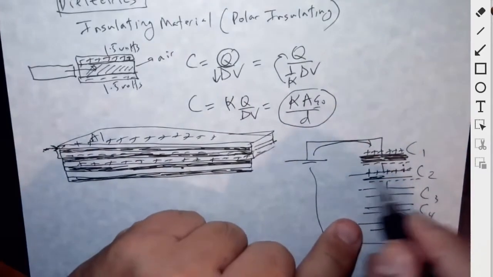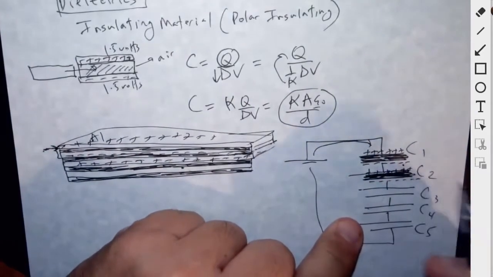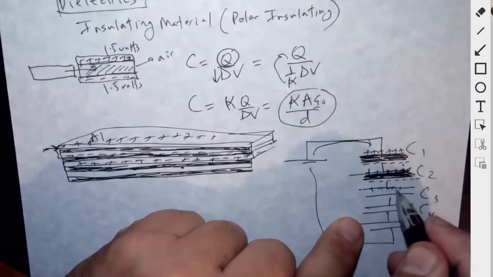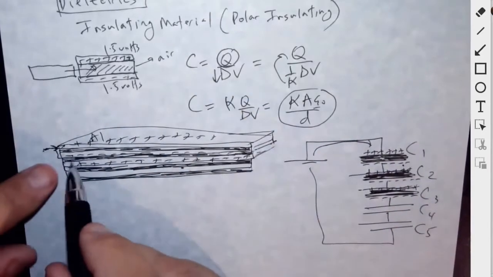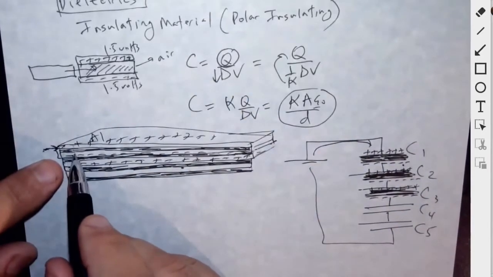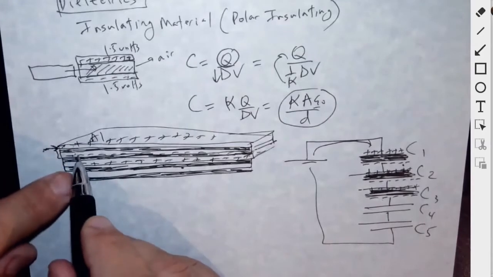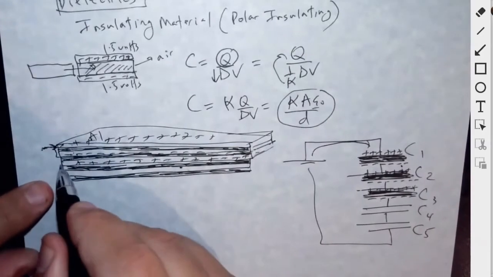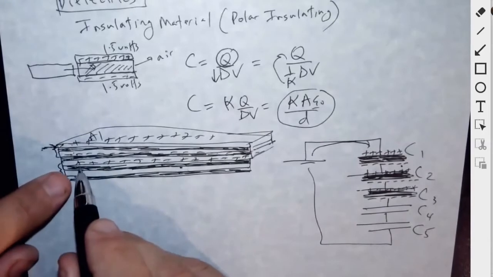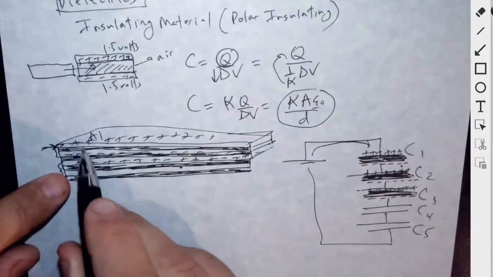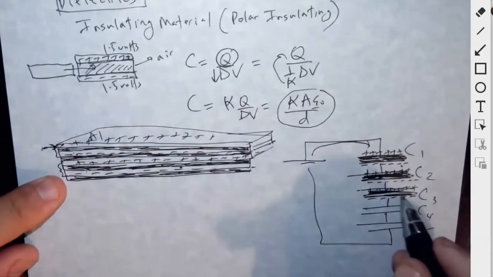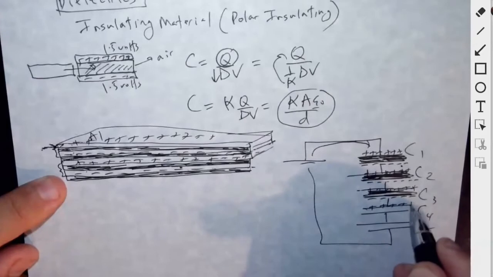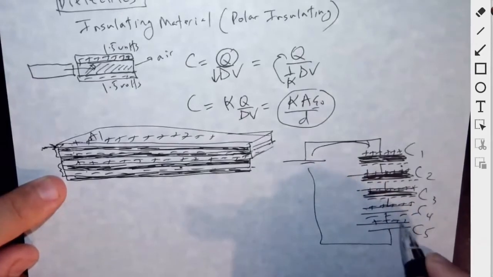And then this one has a dielectric in the middle, and then a positive of this and negative of this. So it kind of acts like this. Positive, negative. Then the positive of this touches the negative of this, so this one acts as another capacitor right here. You see, positive, negative, positive, negative, positive, negative.